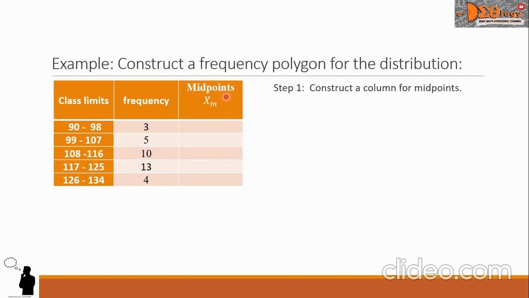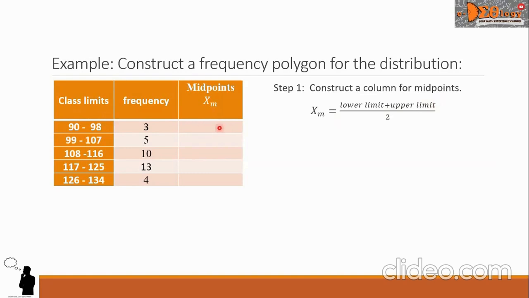This is the column for the midpoints denoted by x sub m. We're going to use the formula lower limit plus upper limit divided by 2. We know that for this class, the lower limit is 90 and the upper limit is 98.